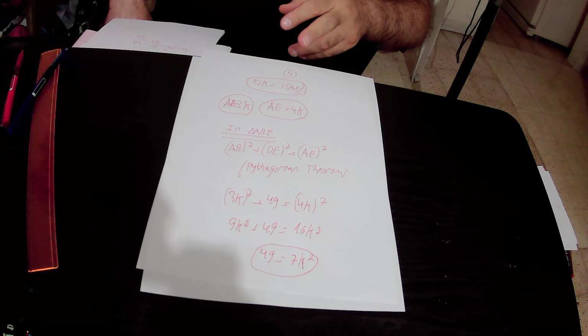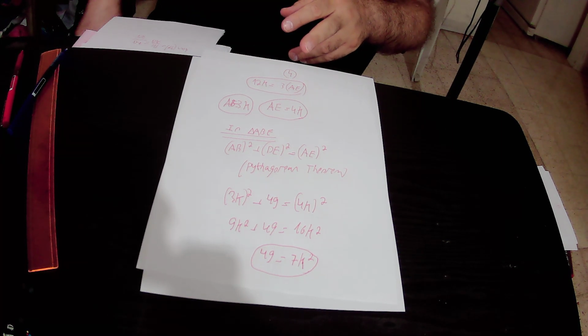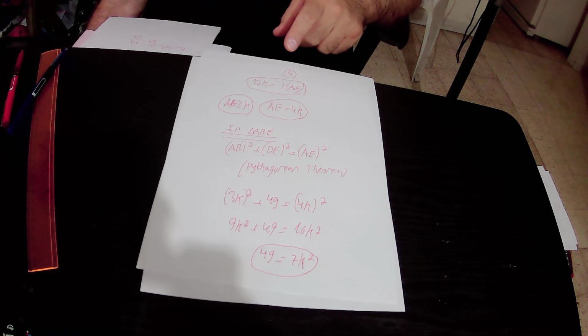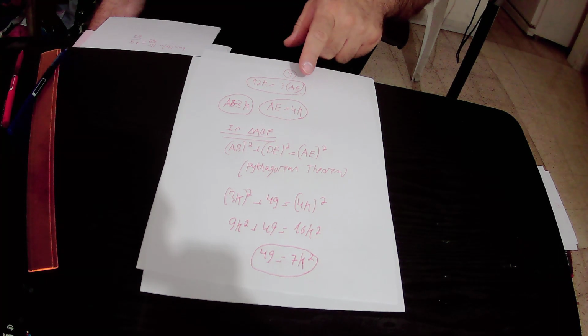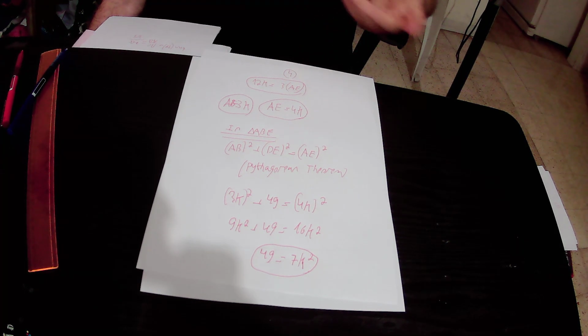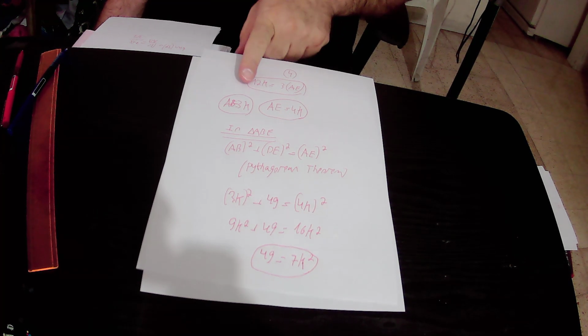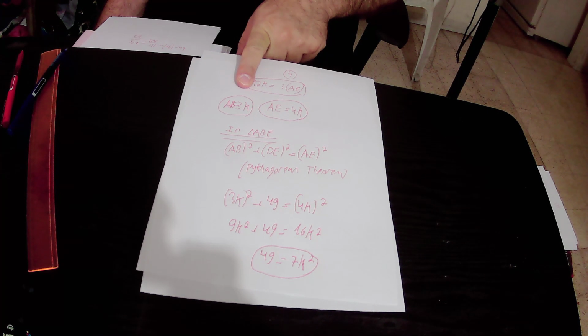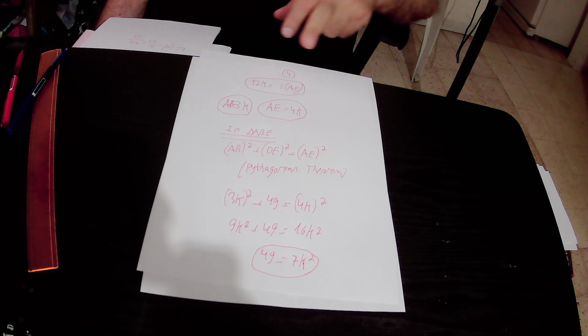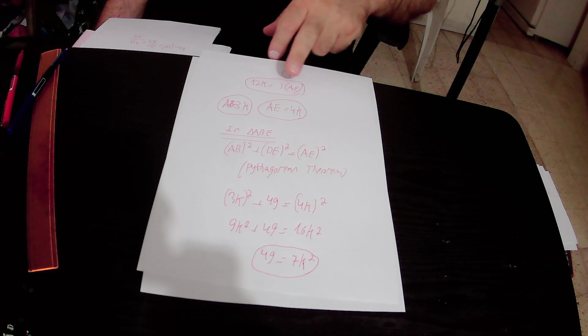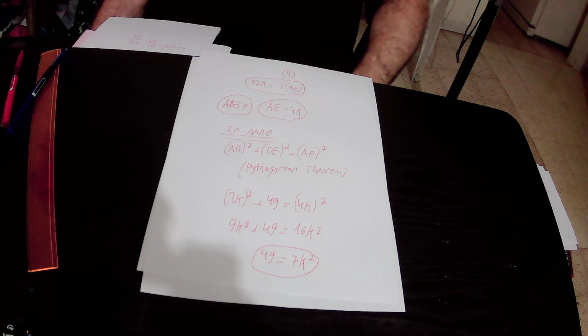We divided this equality by 3 in order to get the value of AE. We got that AE equals 12K over 3, which is 4K. So if AB equals 3K, then AE must be equal to 4K.